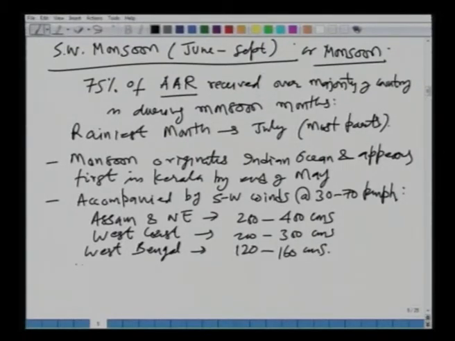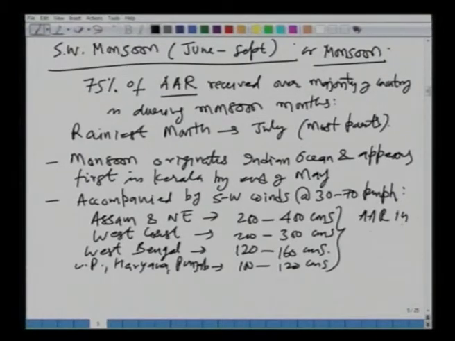In UP, Haryana, Punjab, the northern belt, it is slightly less than average, about 100 to 120 centimeters, all right. And what is the average annual rainfall of the whole country? I do not know if you know, it is of the order of about 120 centimeters. Okay. So, for the whole country, the average rainfall is about 120 centimeters in a year.